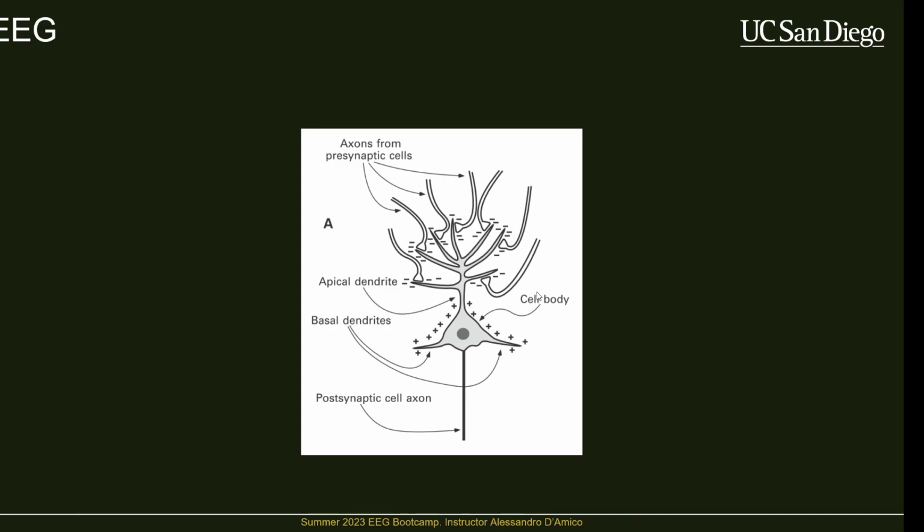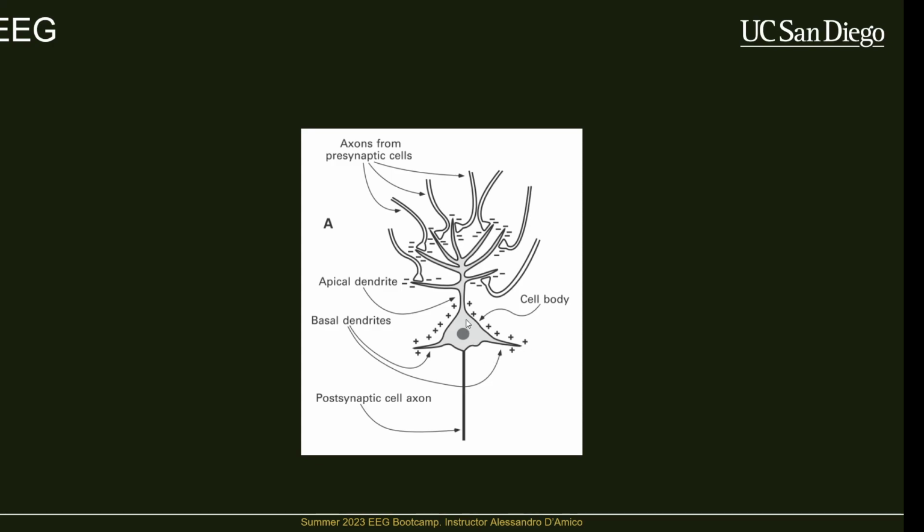But I just wanted to introduce you to our friend the pyramidal neuron, which is thought to be essentially the type of neuron that we're recording from with EEG. The pyramidal neuron gets its name because its soma, its cell body, looks a little bit like a pyramid in structure.